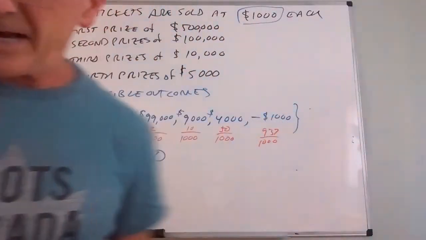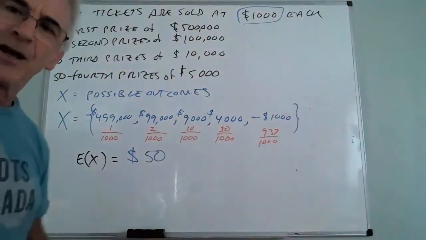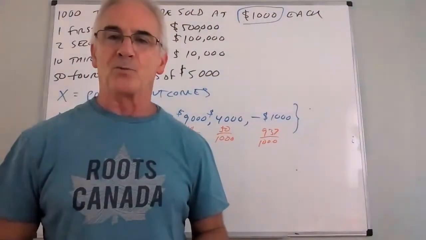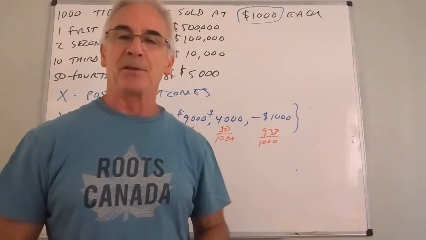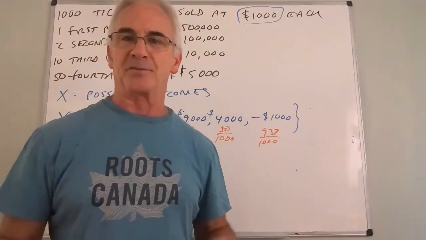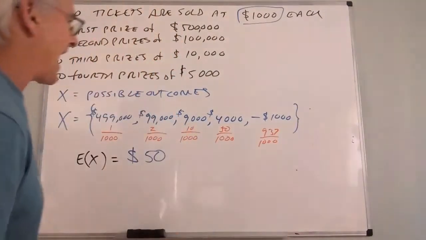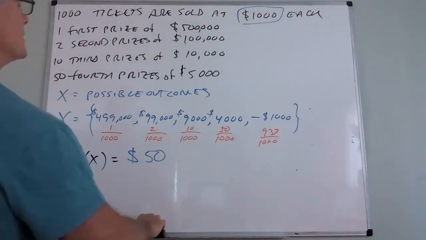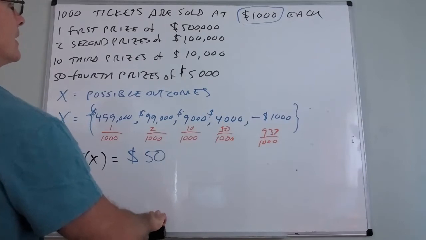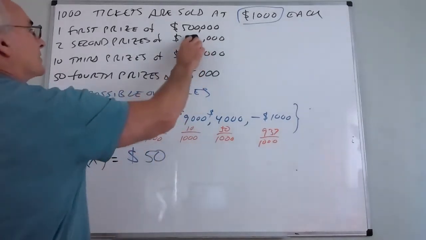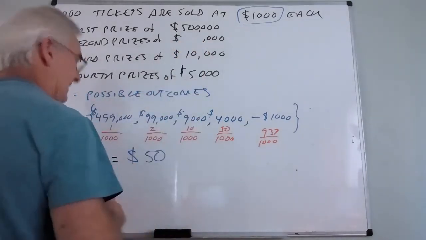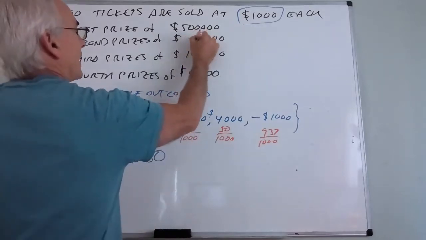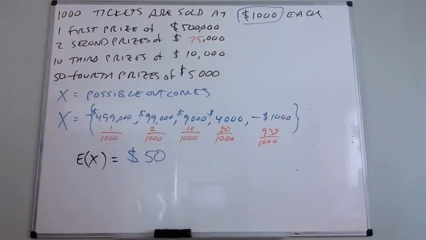So what if I change one aspect of this raffle? I'm a bored rich guy, so I don't mind this. But let's just say I'm an individual who just likes messing around with the numbers. And I'm going to change one thing about this. I'm going to make this $75,000 instead of $100,000.